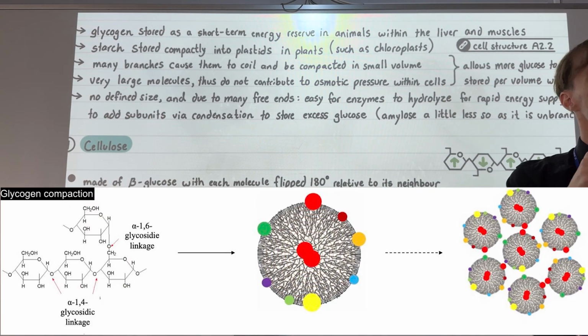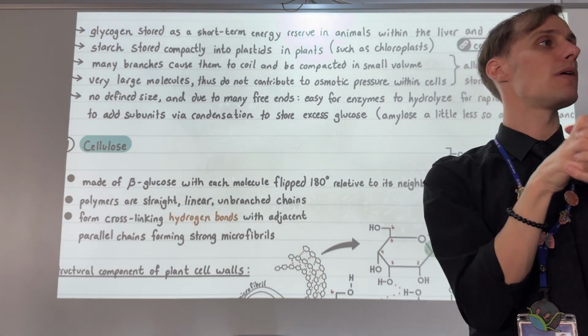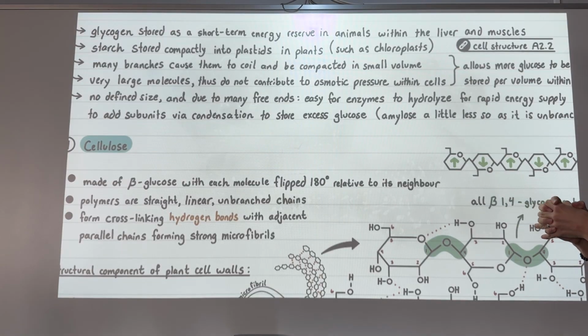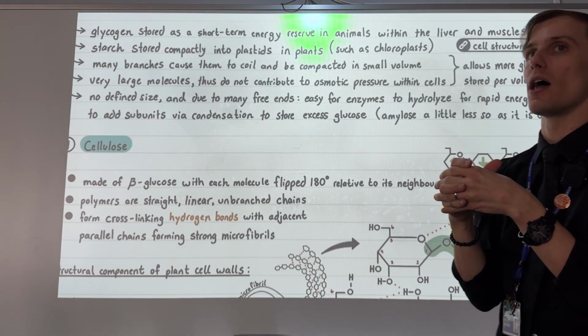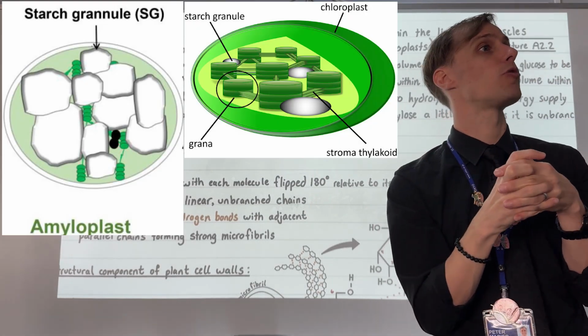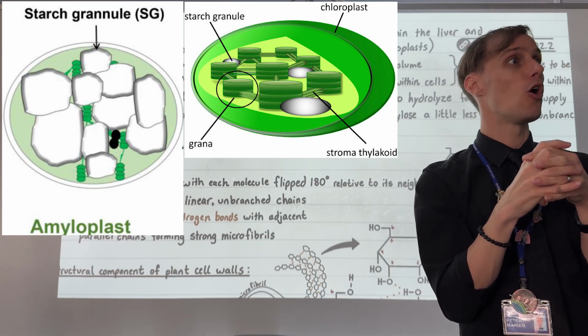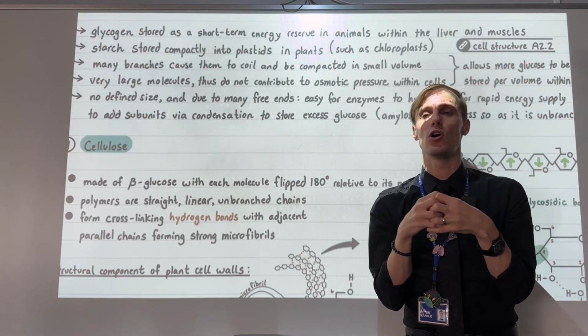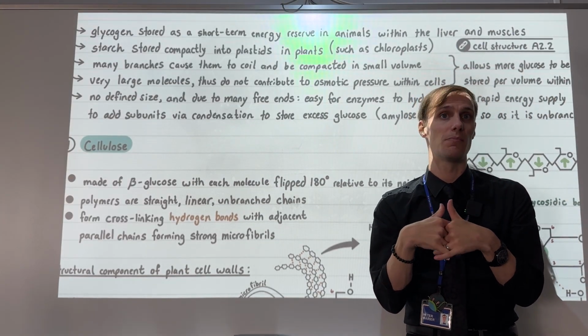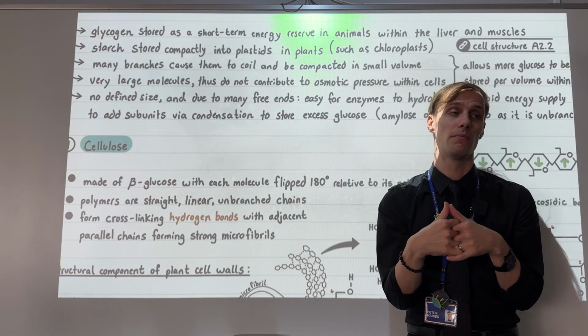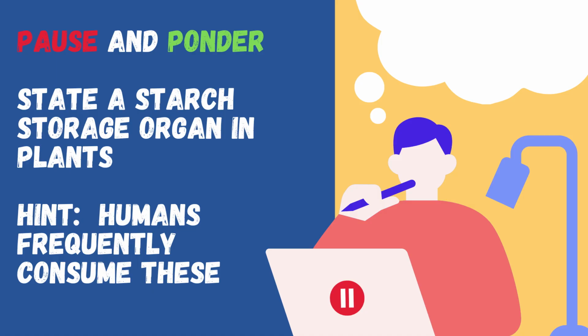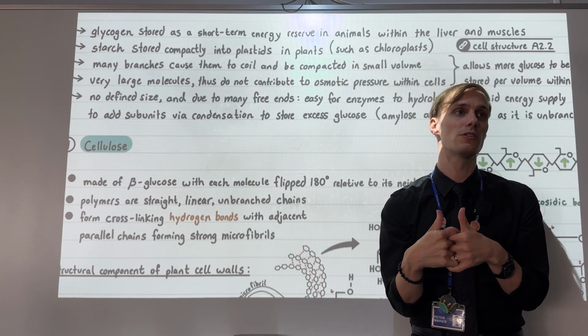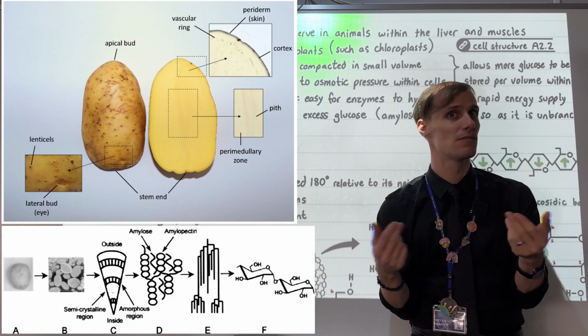So where we store it would be in the liver and in muscles, but in plants, they could store this either in plastids, called chloroplasts or amyloplasts, or does anyone know a specific storage organ in some plants? We eat them. Called tubers or potatoes, right?